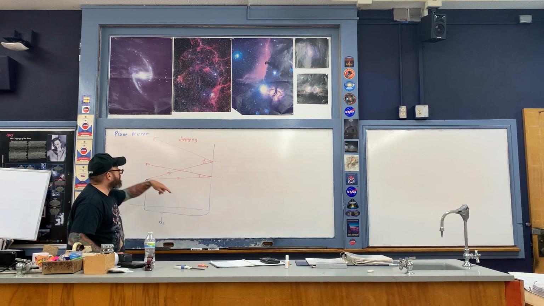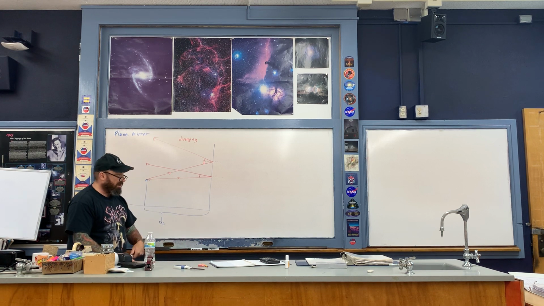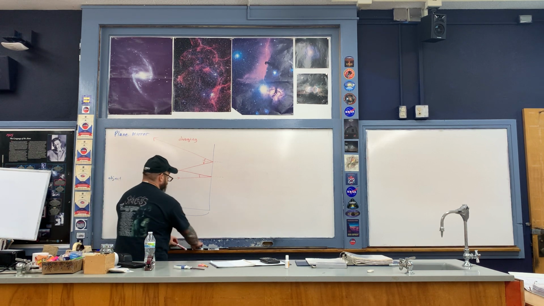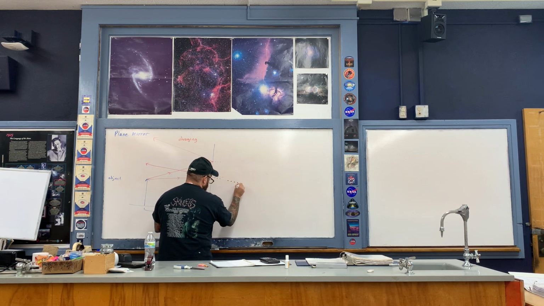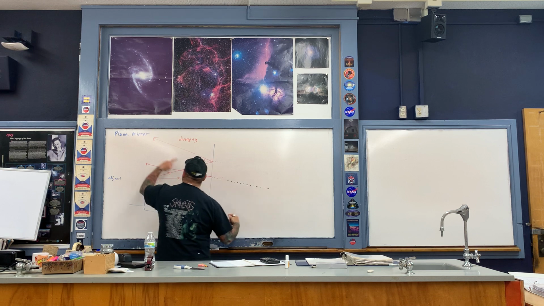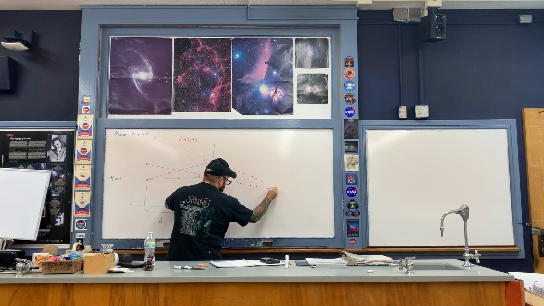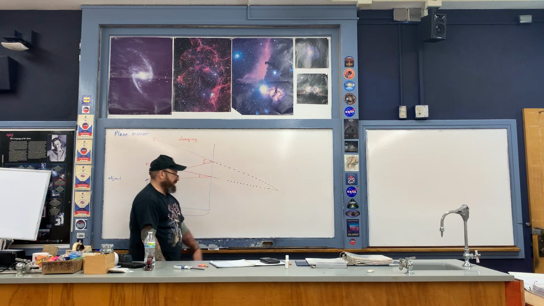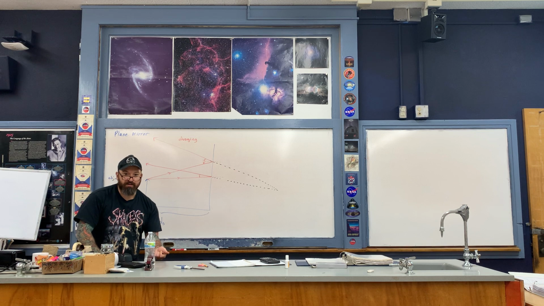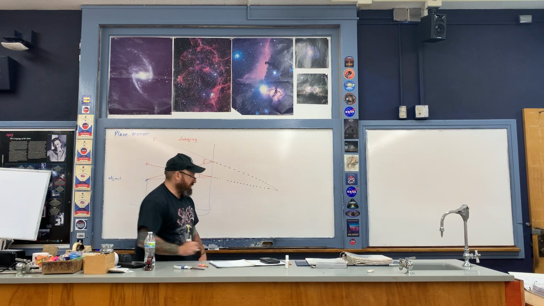So take the two reflections here and here, these diverging light rays, and extend them back behind the mirror. That is like so. So this light ray looks like it's coming from this direction. This light ray looks like it's coming from this direction. And notice that the two light rays appear to be coming from this point. That point right there, therefore, is the image of the arrow that you see.